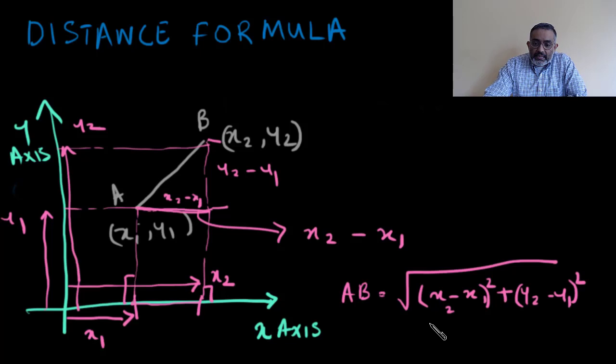So that is the distance formula right here, that the distance between any 2 points in an xy coordinate system can be calculated as the difference of the x coordinate squared plus difference of the y coordinate squared is the square of the distance of the 2 points, or you can apply square root to find the actual distance. So AB is equal to the square root of x2 minus x1 squared plus y2 minus y1 squared.